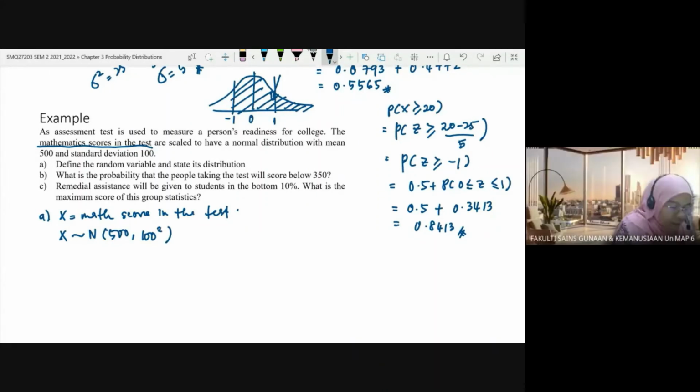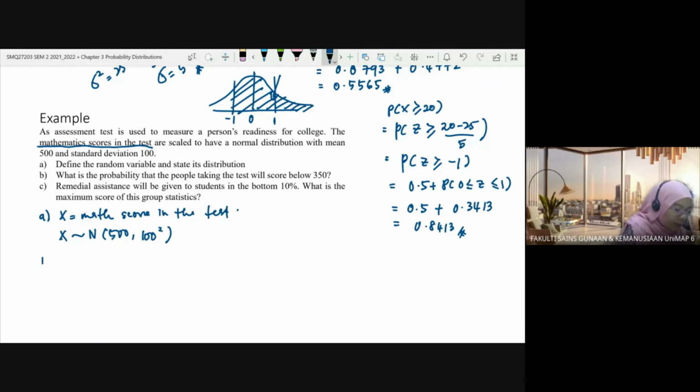Yes, correct. So if it's a subjective question, we begin with defining the random variable x, then write down the correct distribution of that random variable. If you write down only 100, then you will get it wrong. So please be careful on how you write your information.